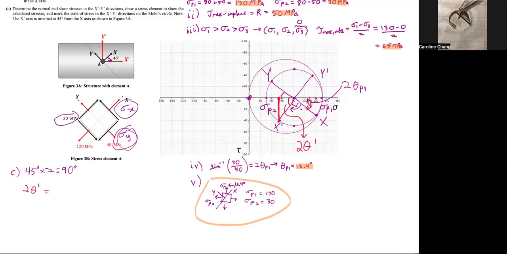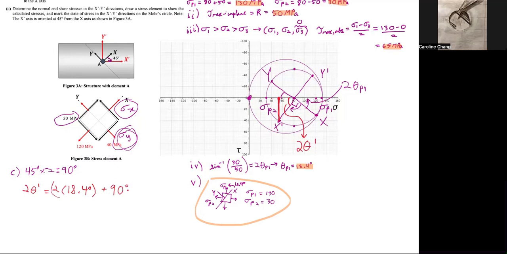This angle is 2 theta principal stress of 1. So principal stress of 1 is 18.4. So 2 times 18.4 degrees, and this angle is 90 degrees, so plus 90 degrees.